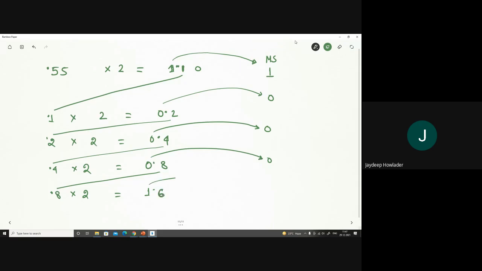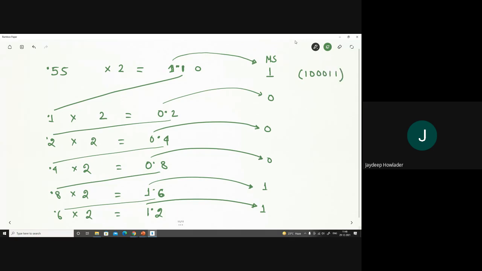Clear? Then 1 comes here. Then I take 0.6 multiplied by 2, and we get 1.2. Then again 1 comes here. So the number now looks like 1, 0, 0, 0, 1, 1, something like this.